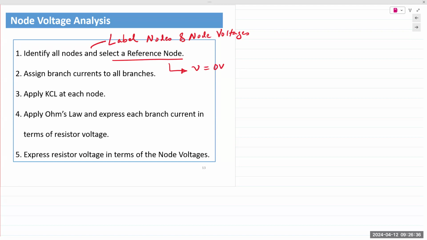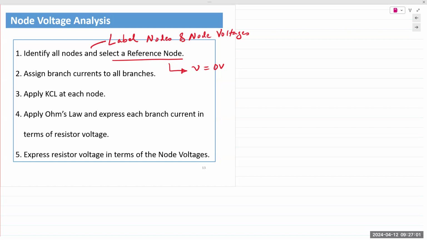Then apply KCL at each node, apply Ohm's law, and express each branch current in terms of the resistor voltage. Assign branch currents, assume direction for the branch current.